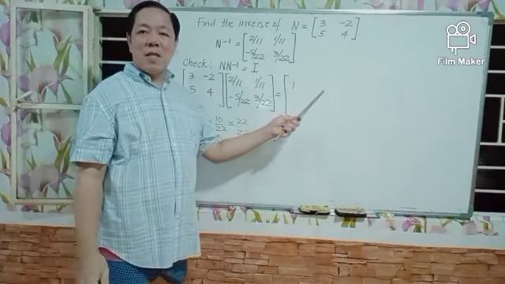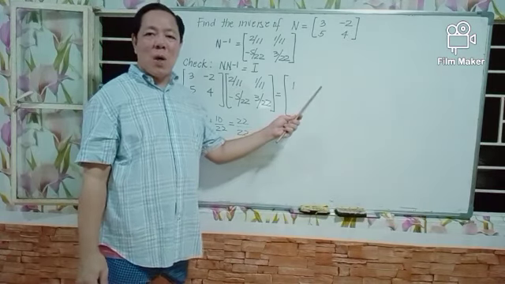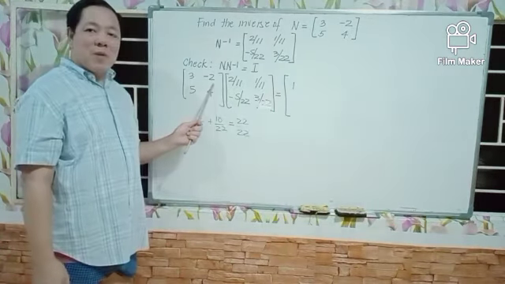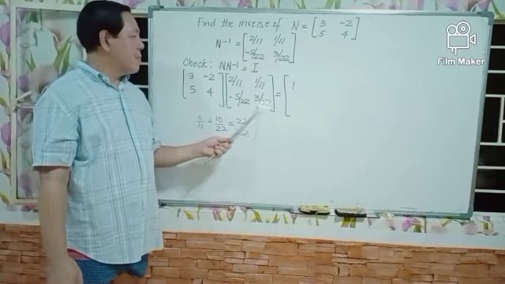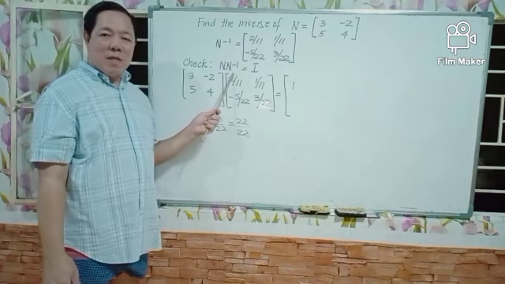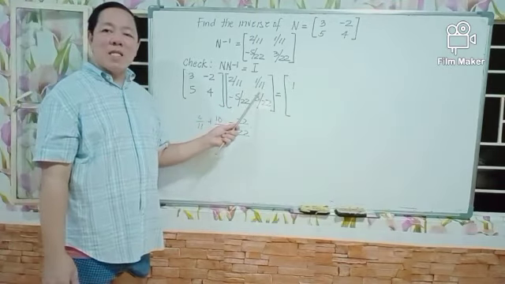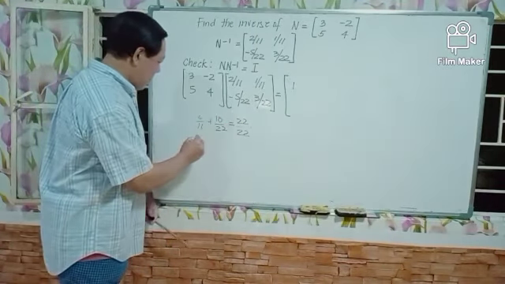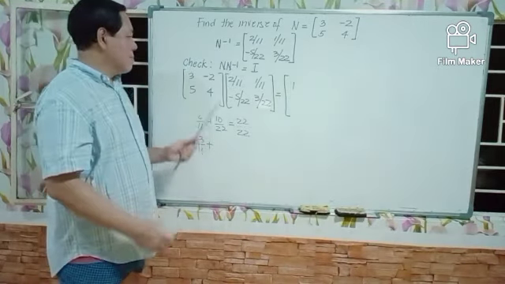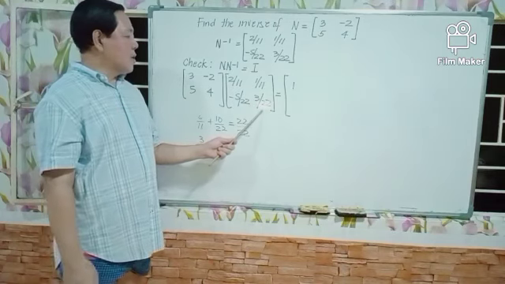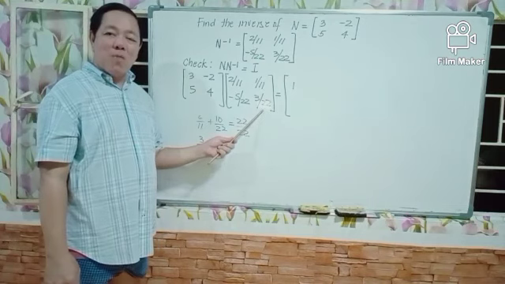To get the next entry in the first row of this matrix, the entry in the first row and second column, we multiply the entries of the first row of matrix N by the second column of matrix N to the minus 1. And we add the products. 3 multiplied by 1 over 11 is 3 over 11. Plus negative 2 multiplied by 3 over 22 is negative 6 over 22.